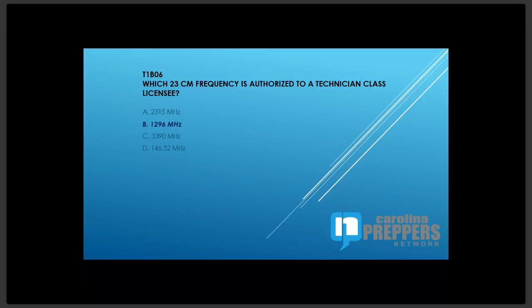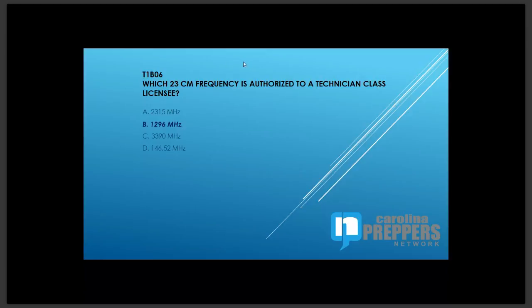So a centimeter is what, 10? And when I divide 300 by 230, I come out to 1.304.